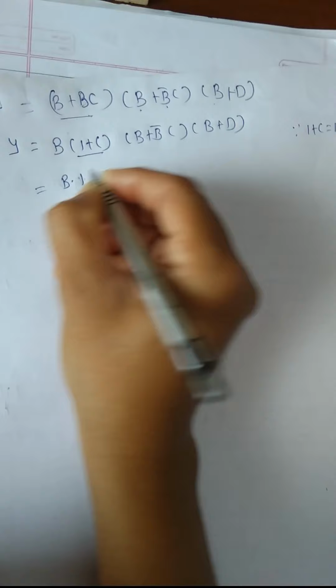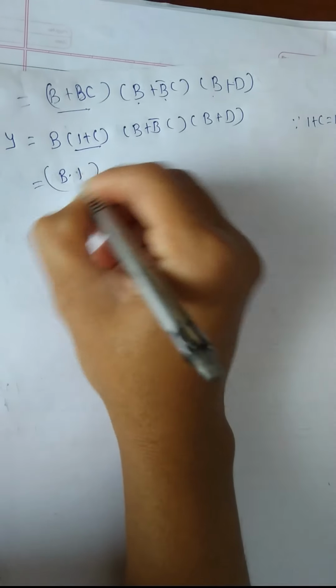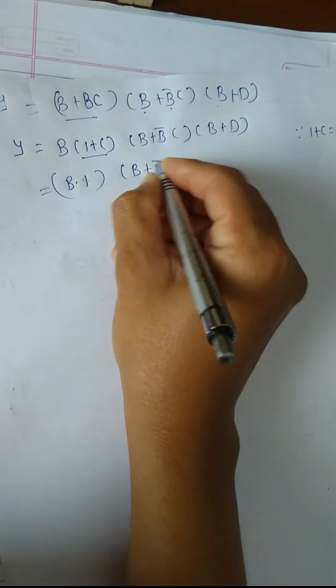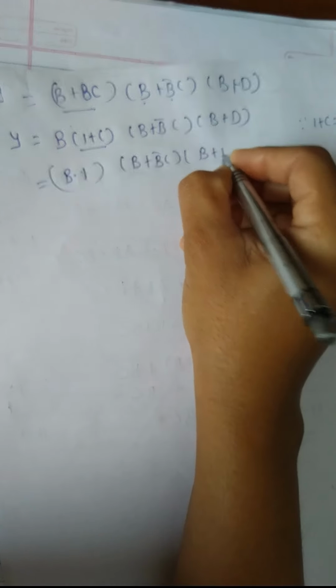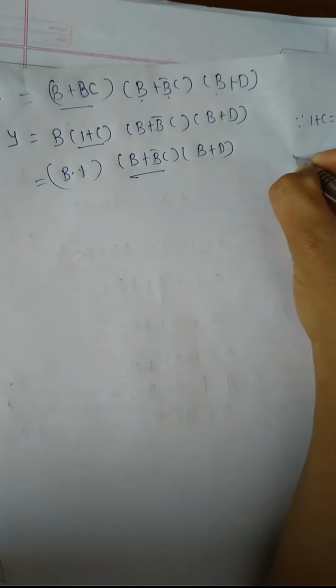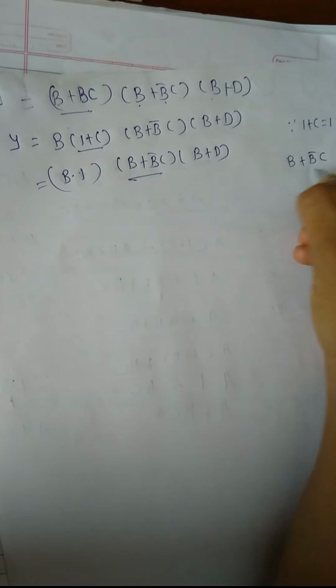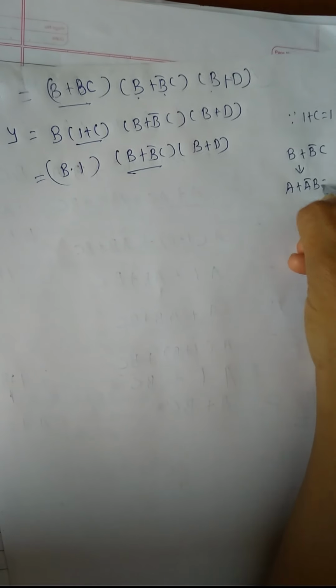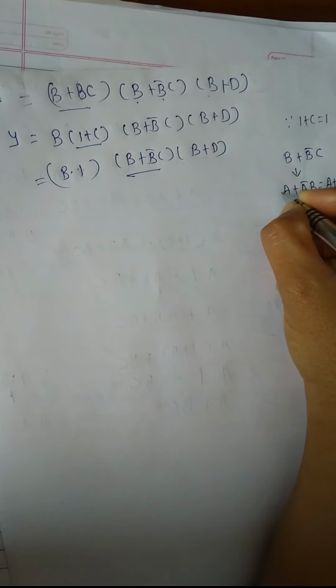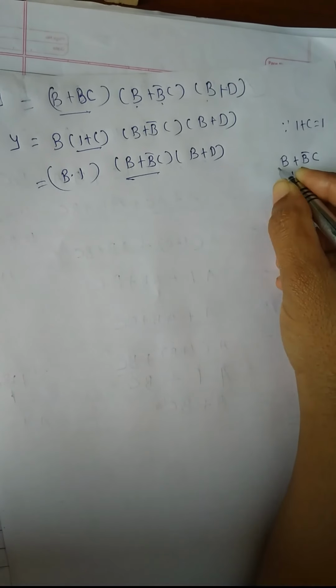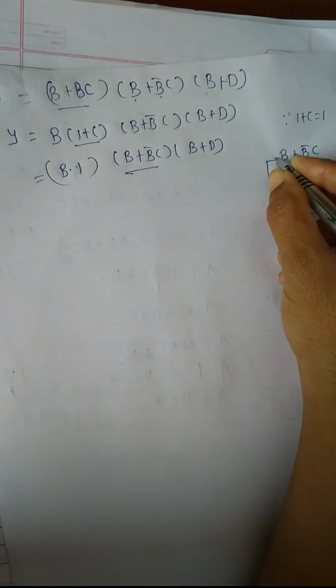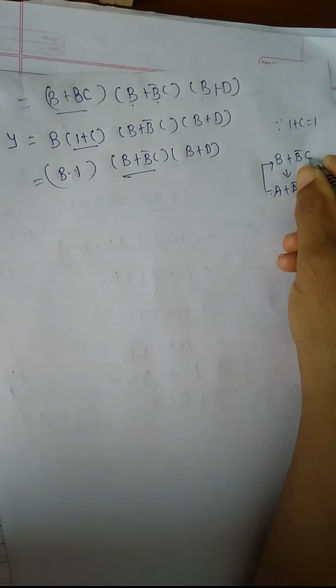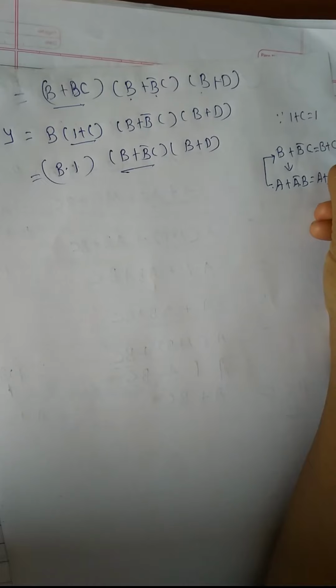So b into 1 into b plus b bar c into b plus d. So b plus b bar c, there is another important law, a plus a bar b is equal to a plus b. So this law is applied to this term b plus b bar c, which is represented as b plus c.